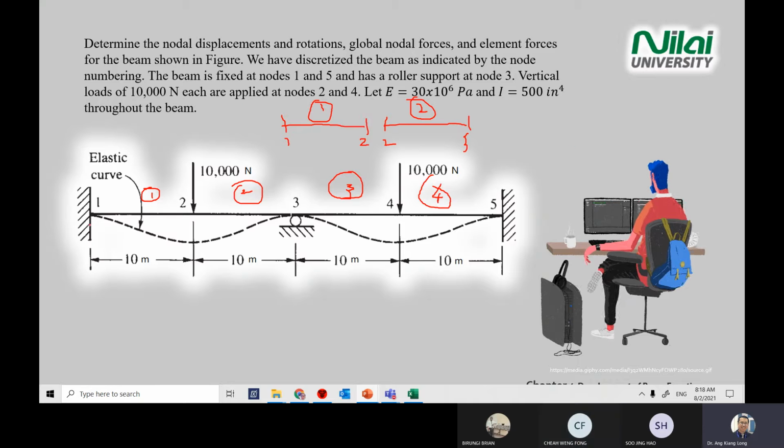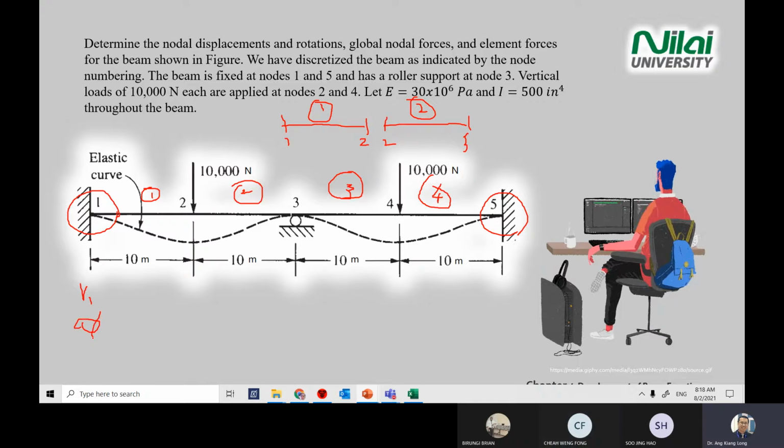So you look at the diagram, Chia, this question also for you. What is the displacement you have at point 1 and point 5? 0. So this is V1, rotation 1, both 0. Okay, so in exam, if you write V1, rotation 1, 0, this one gives you 1 mark, this one gives you 1 mark.